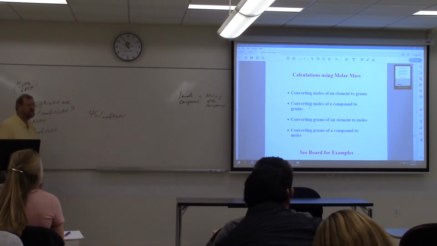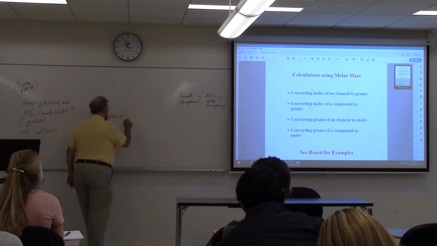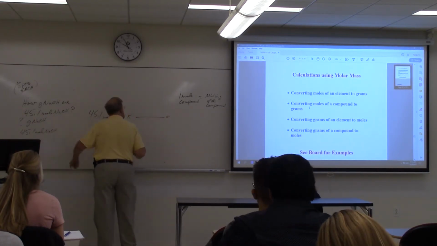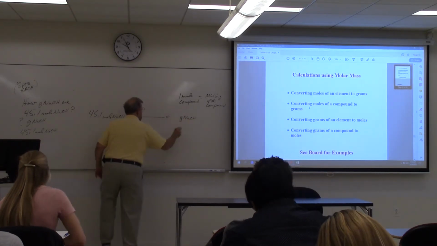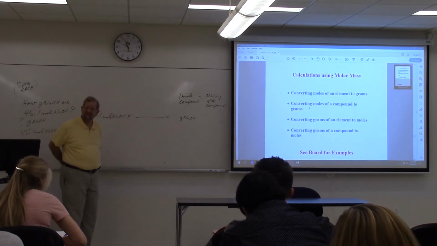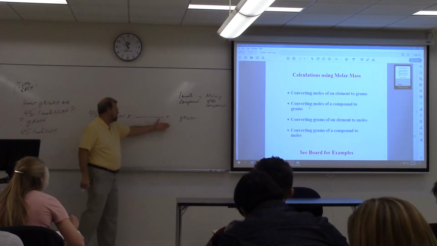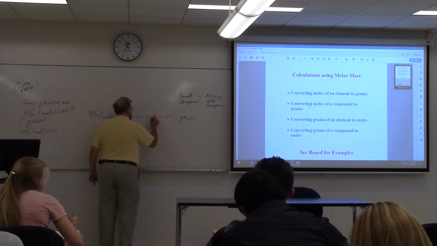If I could convert this in one ratio to what? The units I'm trying to get my answer in. And guess what? It's time to use your good buddy, your good friend, unit analysis. And whatever you're trying to get to goes on top of the ratio, unit-wise.